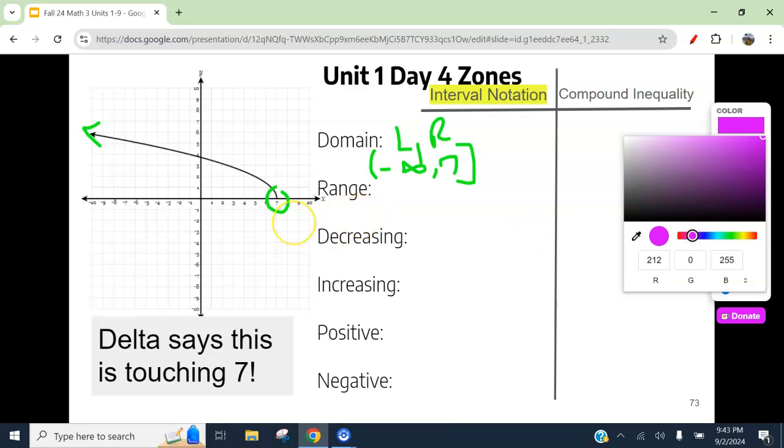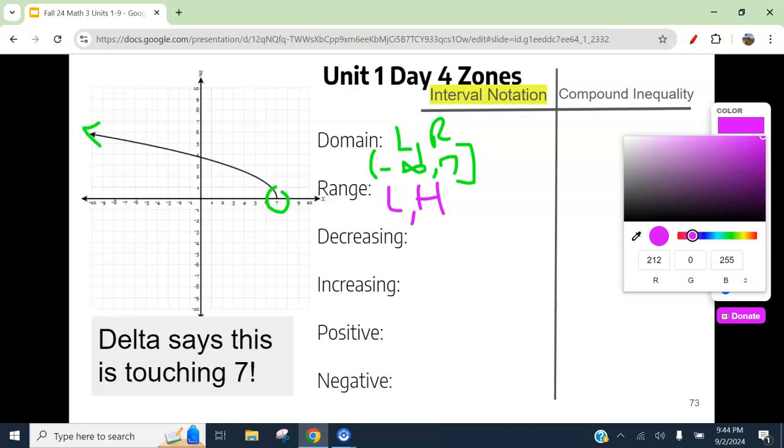Range, remember range, lowest to highest. How low does it go? It goes as low as this spot right here. Remember, 7 is not a marker for low or high. 7 is a marker for left and right instead. We don't want left and right. We want to talk about lowest to highest.